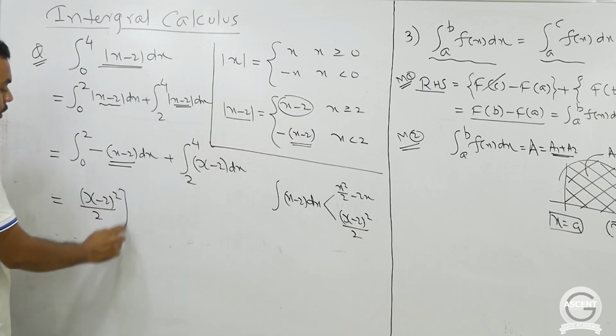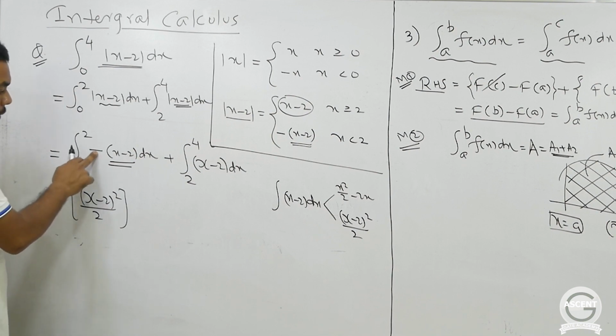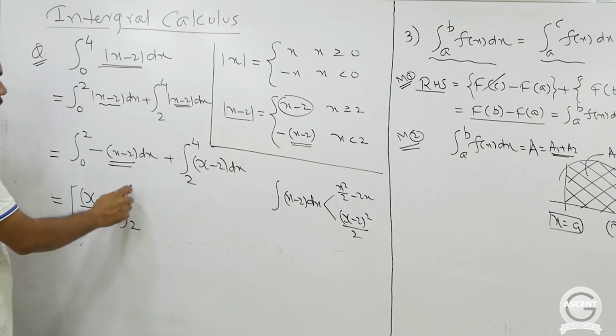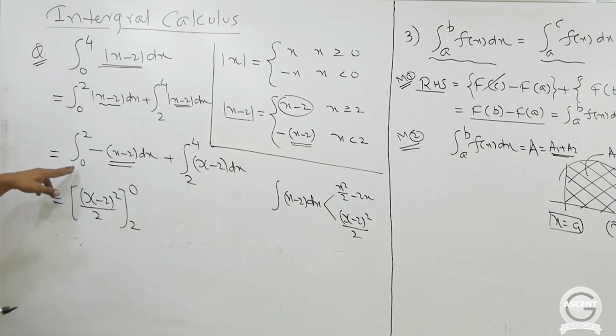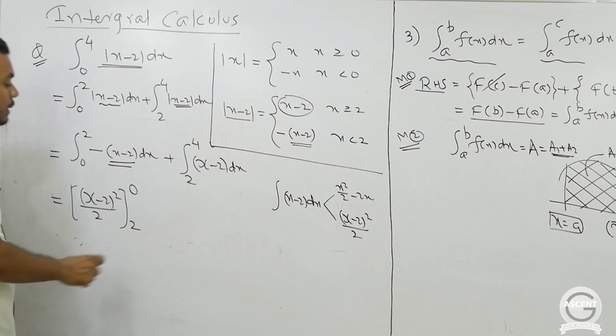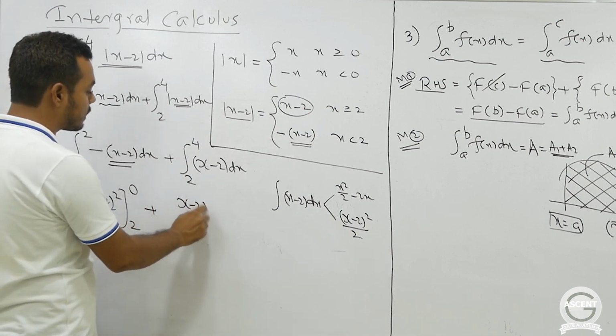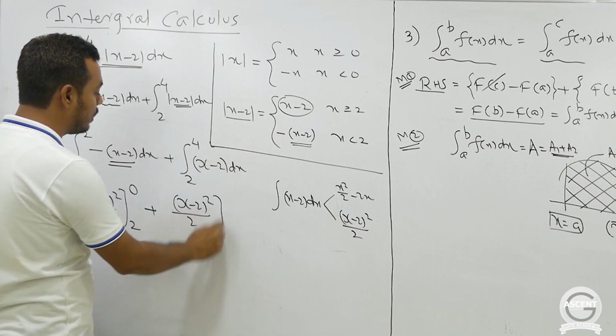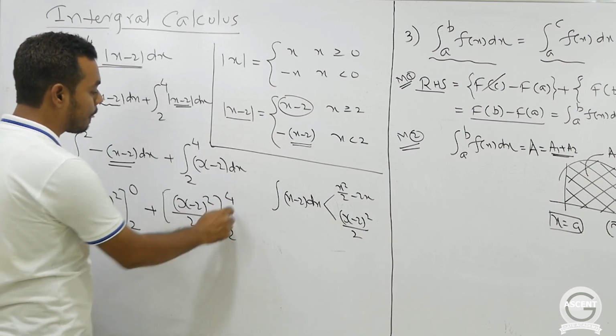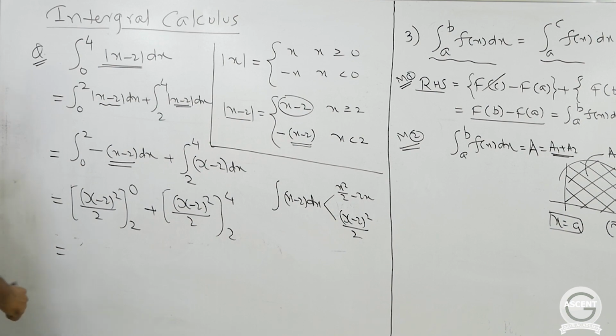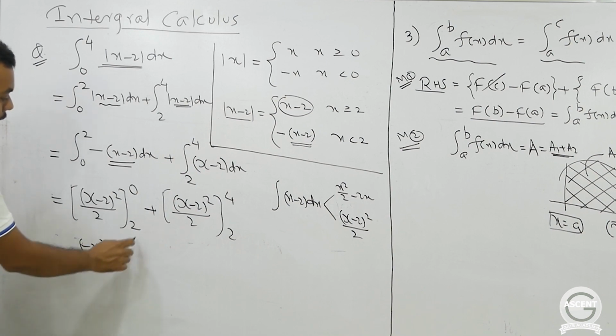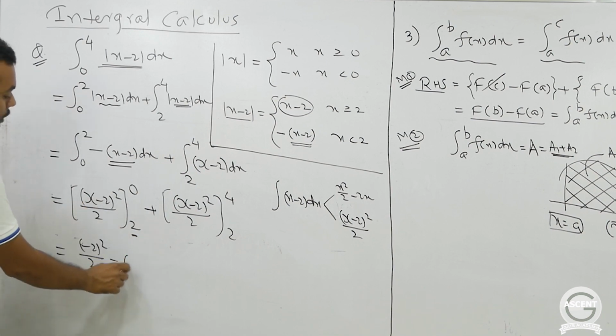So (x minus 2) square by 2, and we have one minus sign here. In a definite integral, whenever you get a minus sign, change the limits of integration. The integral was from 0 to 2, so write it from 2 to 0 to take care of this minus sign, plus (x minus 2) square by 2 with limits from 2 to 4. Now if you place 0 here, you get 0 minus 2, so minus 2 square divided by 2, and if you place 2 here, this gives 0.